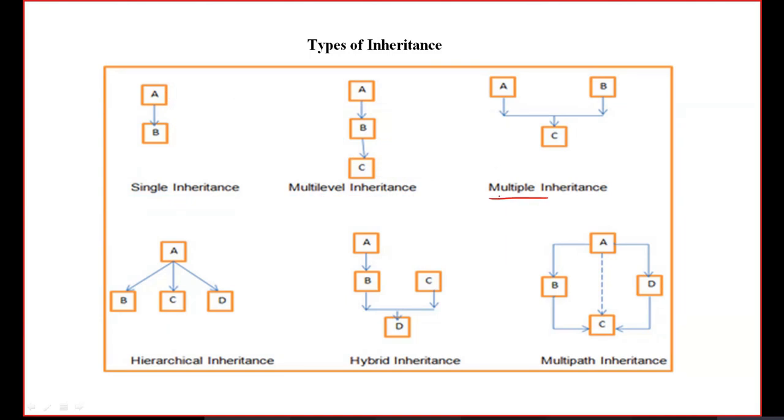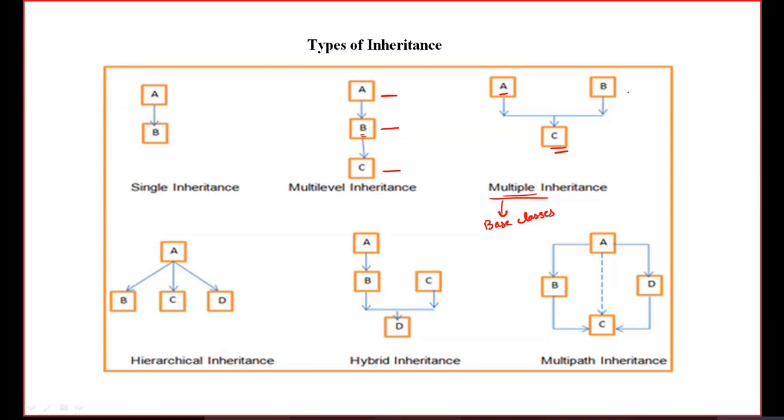Multiple stands for multiple base classes. Up till now, in multi-level, what you saw is just a single base class for every derived class. Like class B, there is only one base class. Similarly, for class C, there is only one base class, which is class B. In case of multiple inheritance, a single class is derived from more than one class.